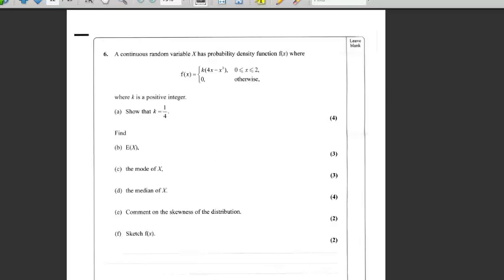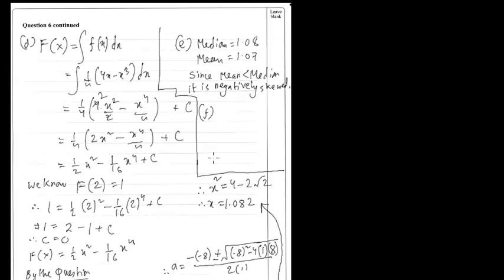So let's try to sketch this. So the x-axis is going to be this, label it x, and the y-axis is going to be f(x). So the limit is 0 to 2. So this is the expression.